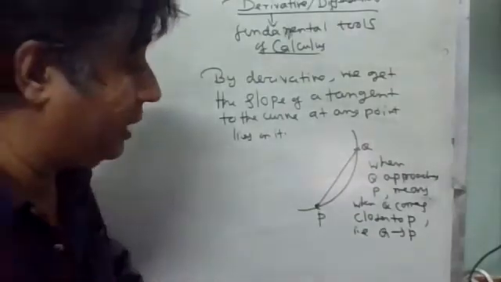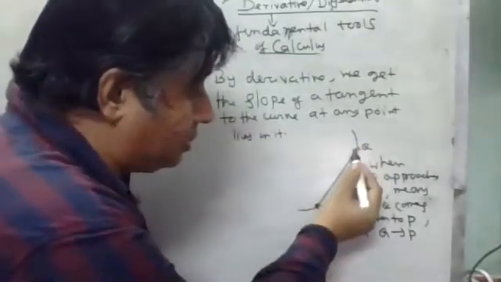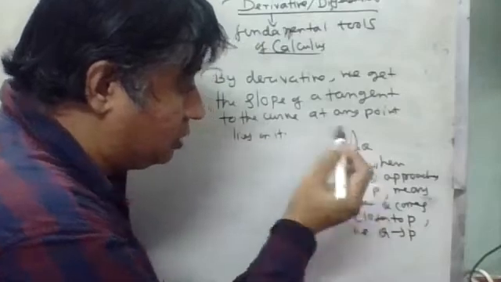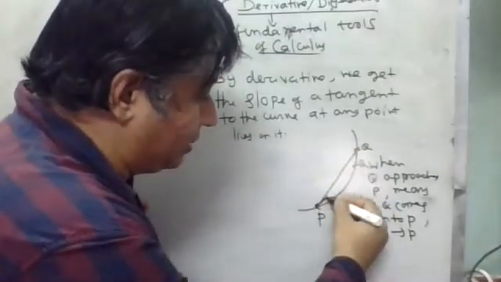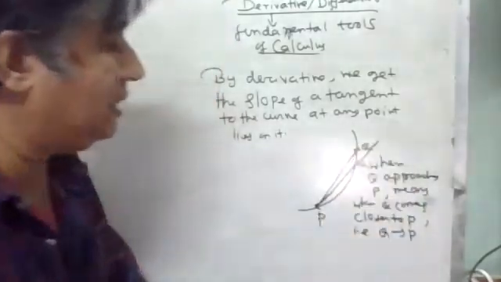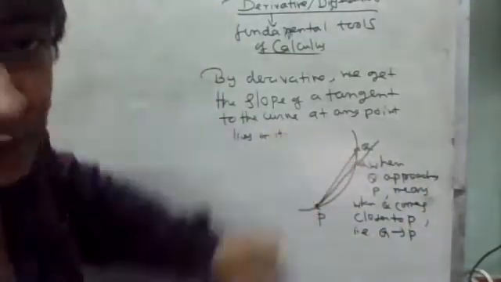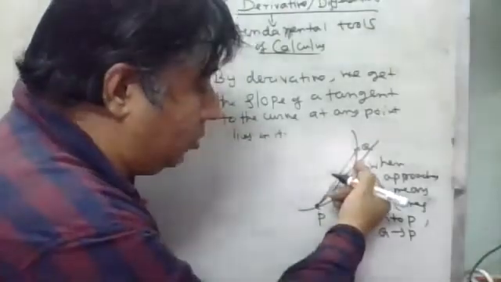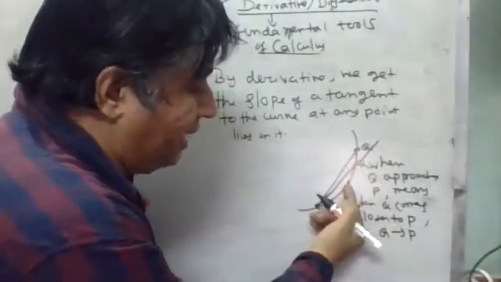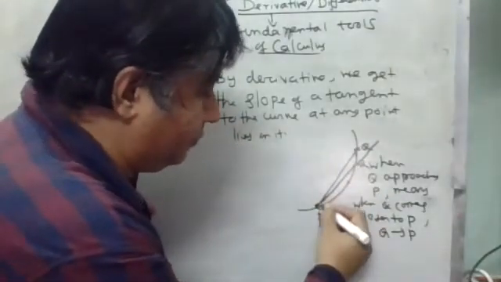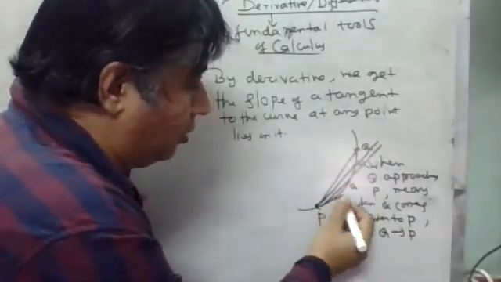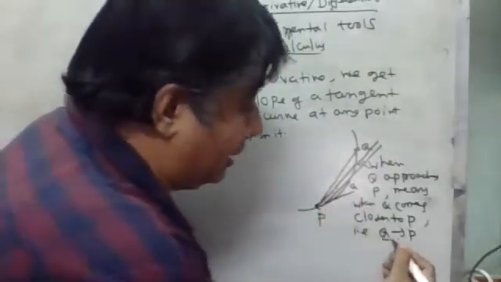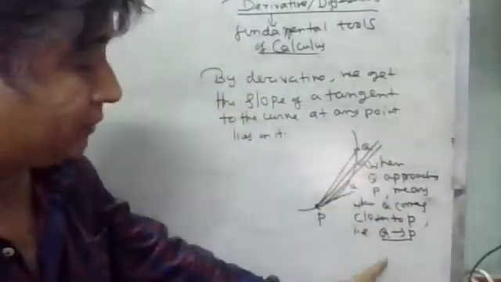Then what happens? See, suppose this point Q comes here. Then the chord will be like this. Clearly it is visible the length of the chord is reduced. If Q changes its place and reaches this position, the chord will be like this.